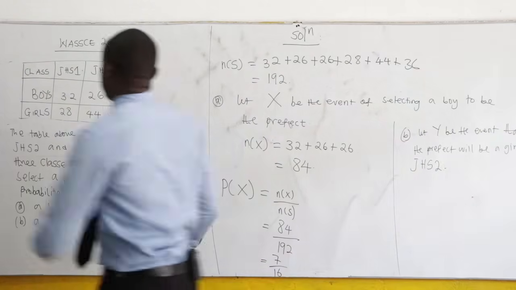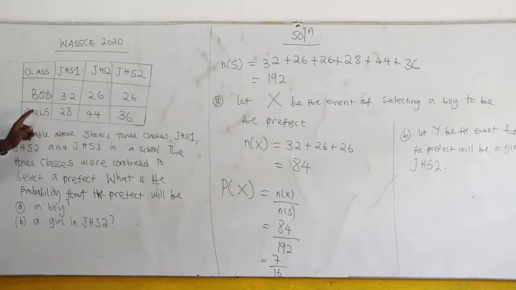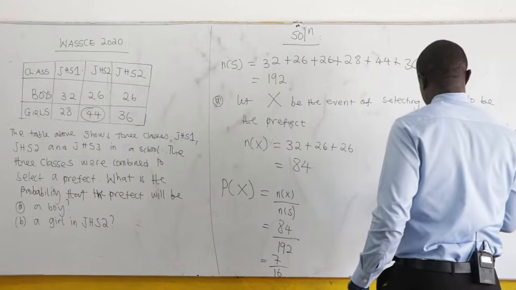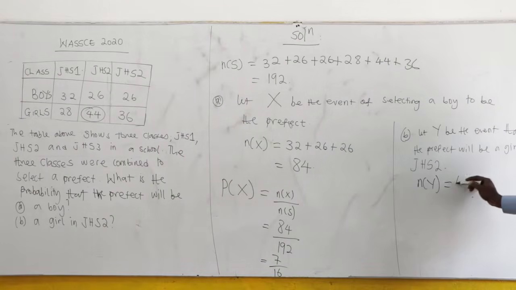So we have to come to JHS2. What's the number of girls in JHS2? That is 44. So we have our number of events to be 44.